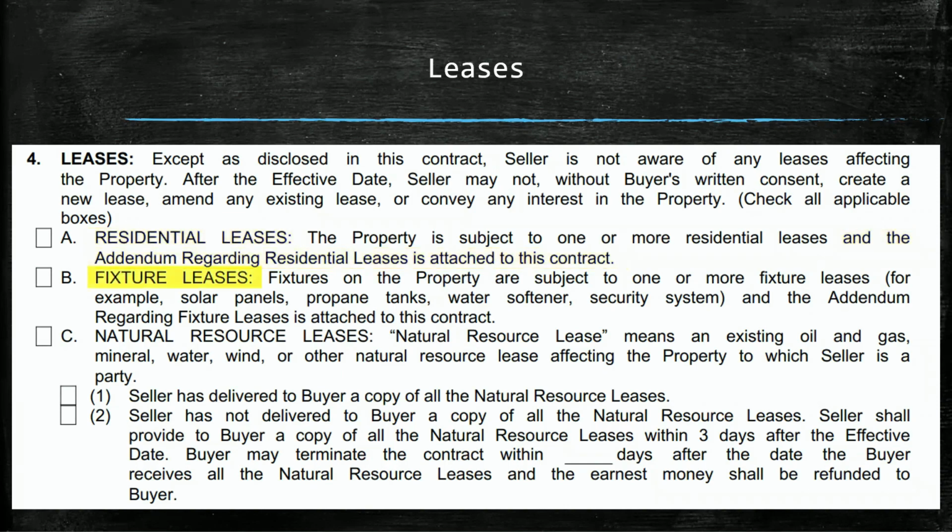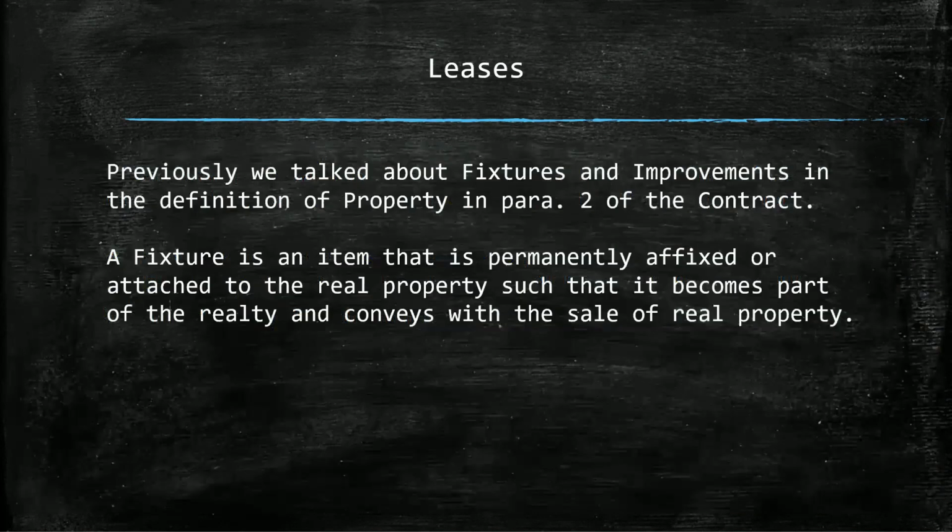The second category talked about in the contract are a fixture lease. So previously, we talked a little bit about fixtures and improvements in the definition of property in paragraph 2. And we said that a fixture is an item that is permanently affixed or it becomes attached to the real property in such a way that it becomes part of the realty and conveys along with the sale of the property.